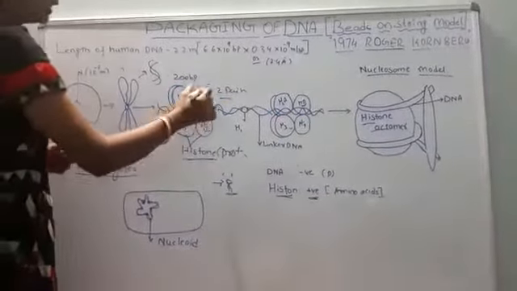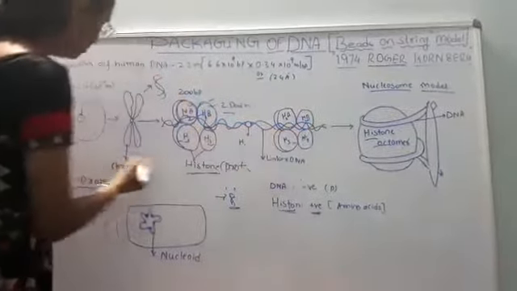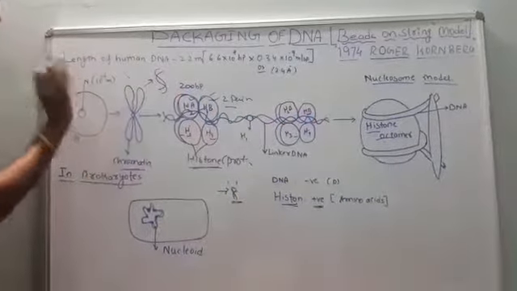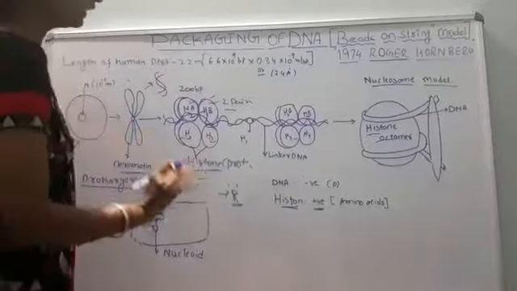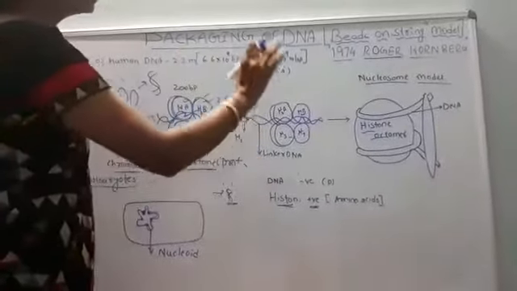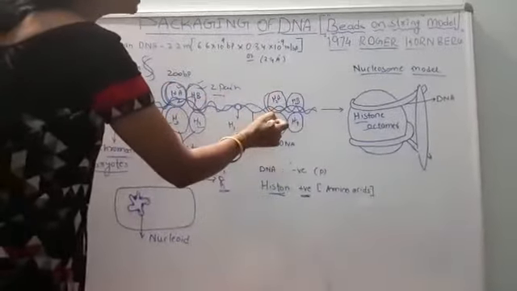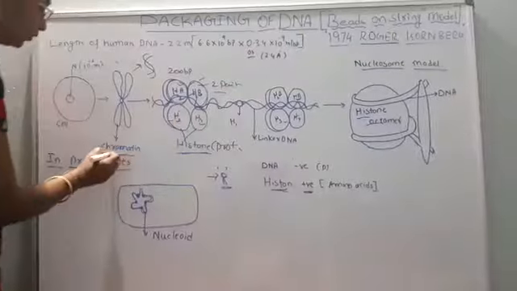Thus these are the repeated units formed in the nucleus to form a structure called chromatin. I will make it clear once again. Nucleosomes are the structural and functional units of the chromosome. They are the repeating units in the nucleus and they form the chromatin.